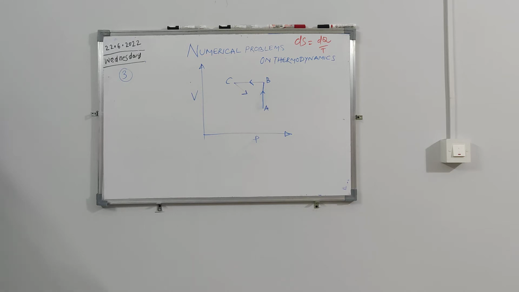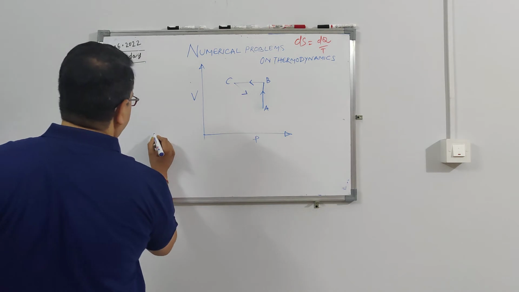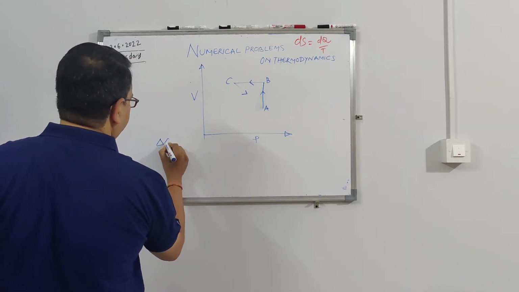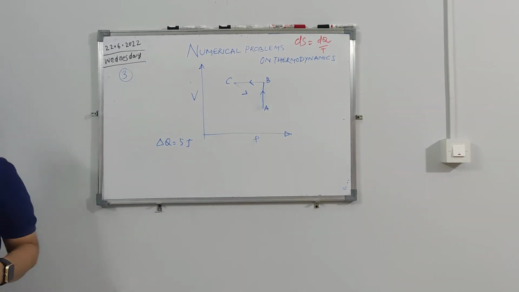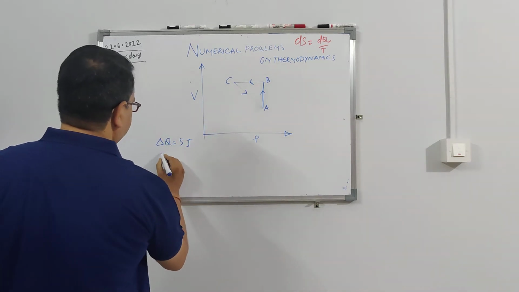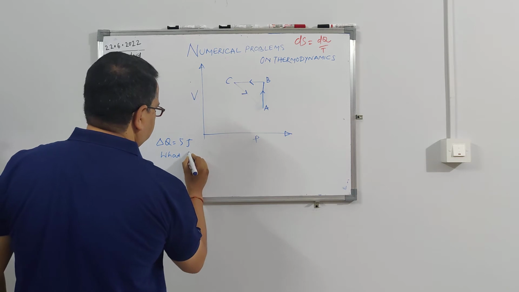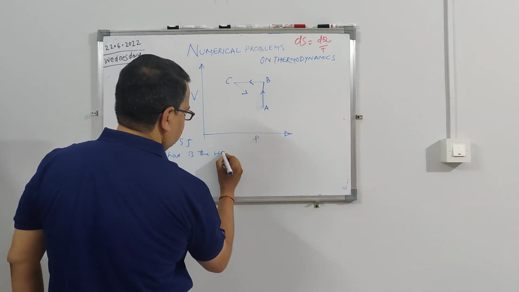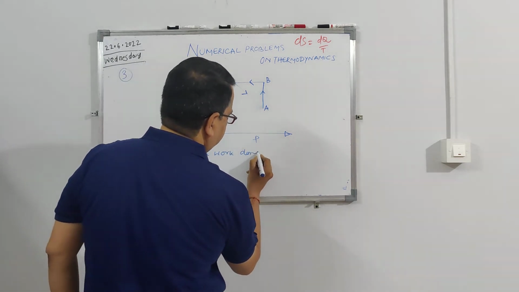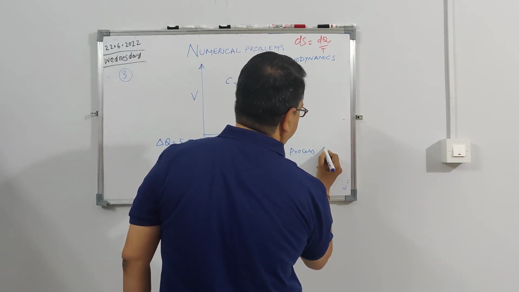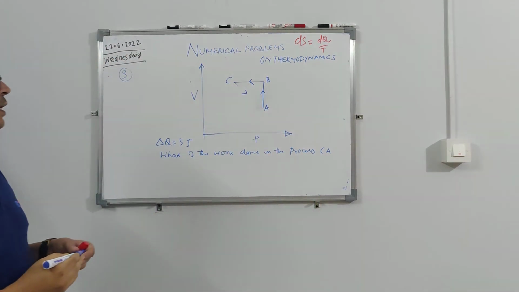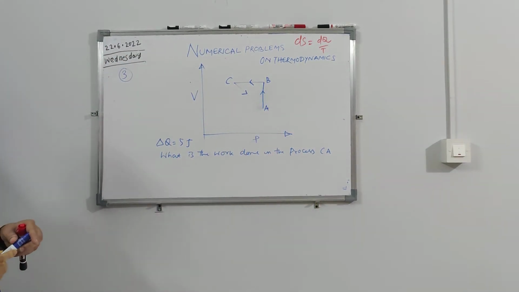So that is the net heat. So the question is, what is the work done by the gas in the process CA? So you have AB, BC and CA.